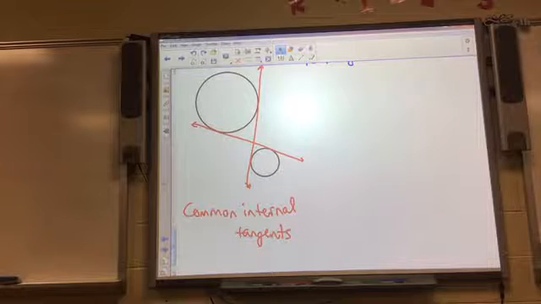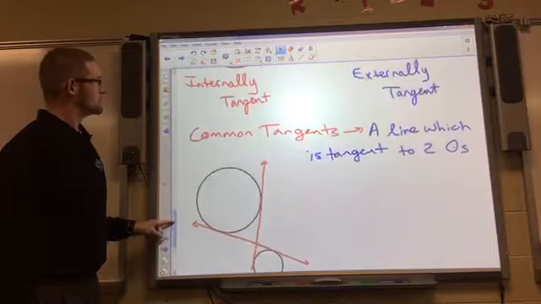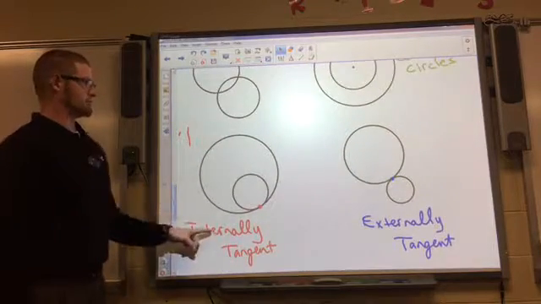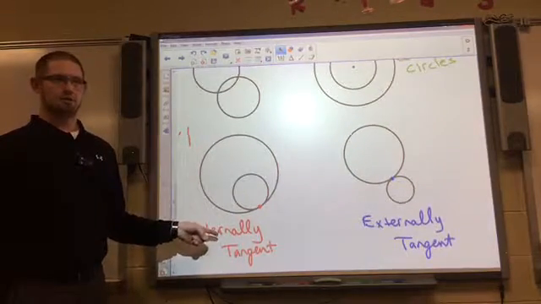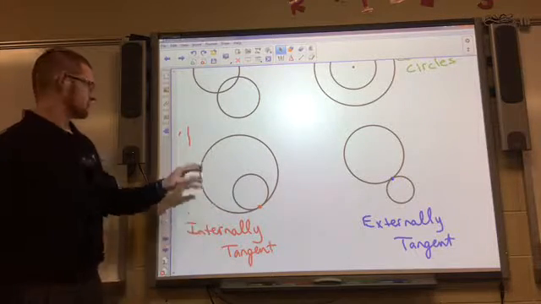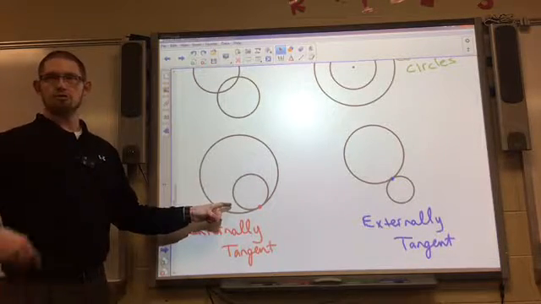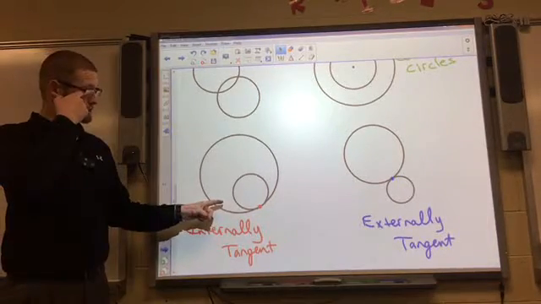Anybody seeing the confusion I'm talking about between the last thing we talked about? Yeah, they're not inside. These are common internal tangents. These two circles are internally tangent. See the play on words? Okay, you got to be careful, don't you? These two circles are internally tangent to each other.